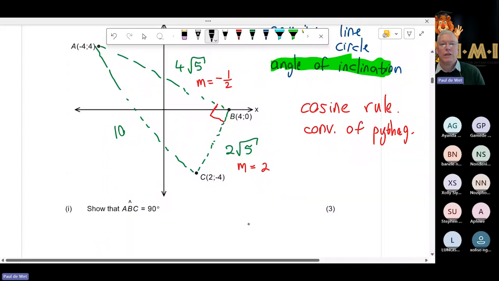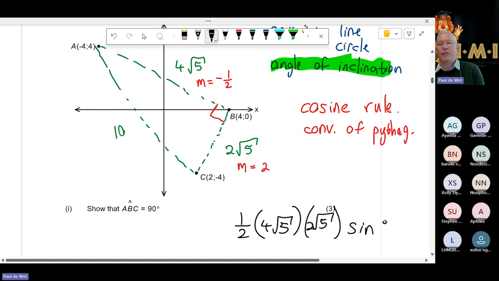It's 1/2 times 4√5 multiplied by 2√5 times sin 90. Okay. Well done. Times sin 90. Guys, what is sin 90? It's just 1. Do you agree that this is also half base, if this is the base, times height, if this is the height?